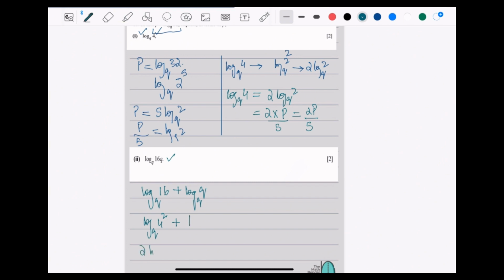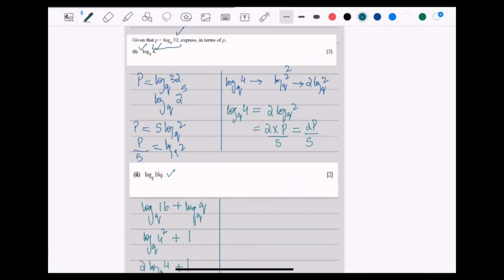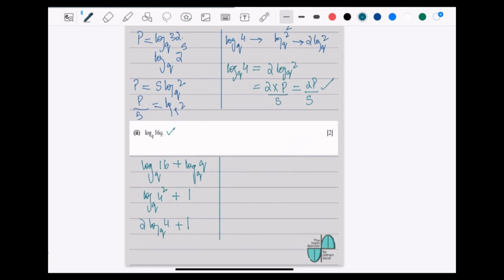So 2 times log q of 4 plus 1. And since we already figured out log q of 4 as 2 times p over 5, instead of log q of 4 I replace it with 2p over 5. So 2 times 2p over 5 plus 1 gives you 4p over 5 plus 1.